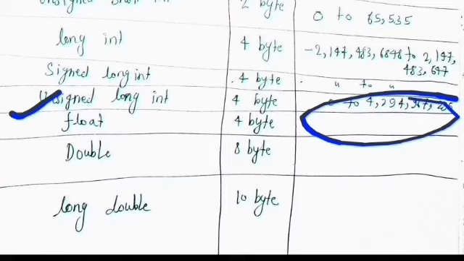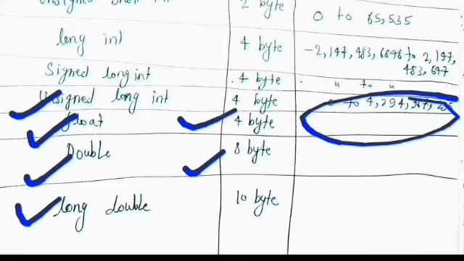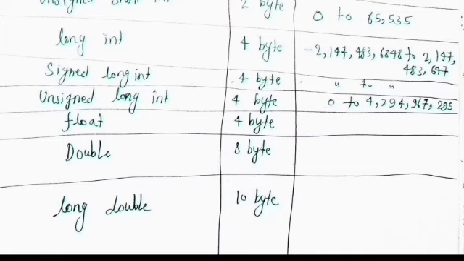And other data types like float have 4 bytes, and double has 8 bytes of memory, and last is long double, which has 10 bytes of memory. And as the memory size increases, the range also becomes broader.